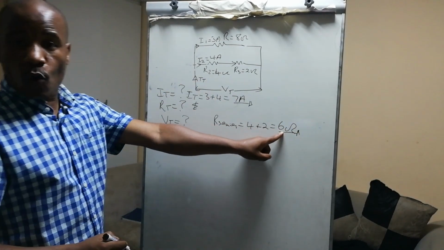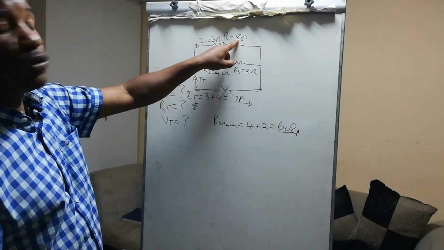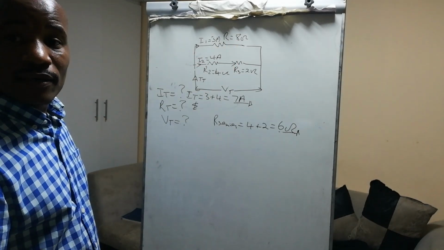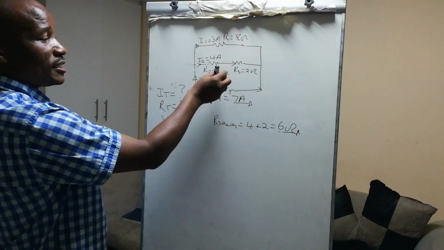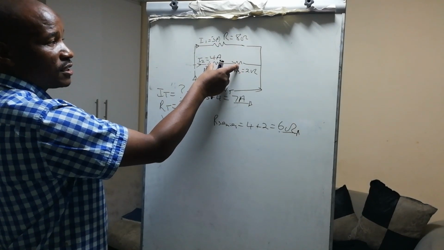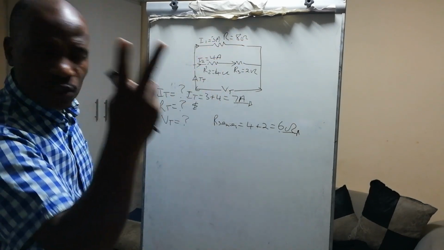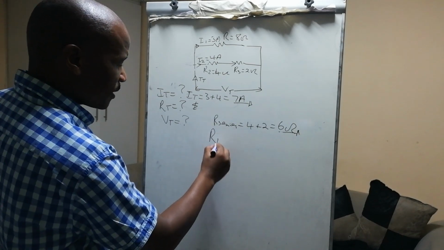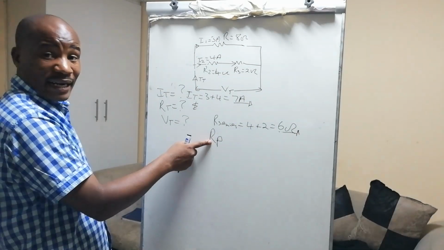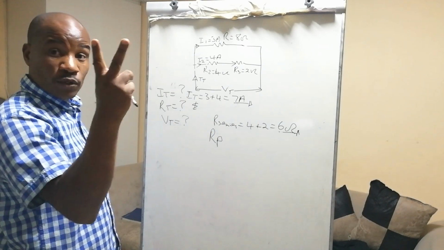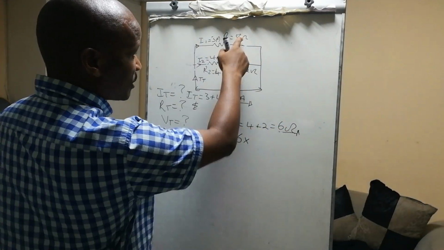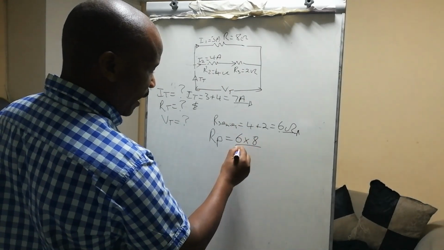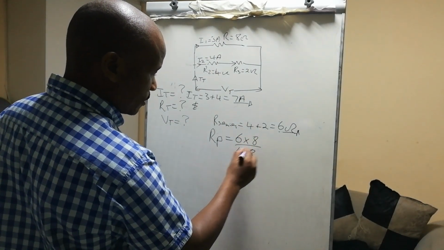But this 6 ohm is in parallel with the 8 ohm resistor. And I told you that this is two resistors, a resistor of 6 and a resistor of 8. You can say the resistance of the parallel branch for 2 resistors is equal to 6 times 8 over 6 plus 8.